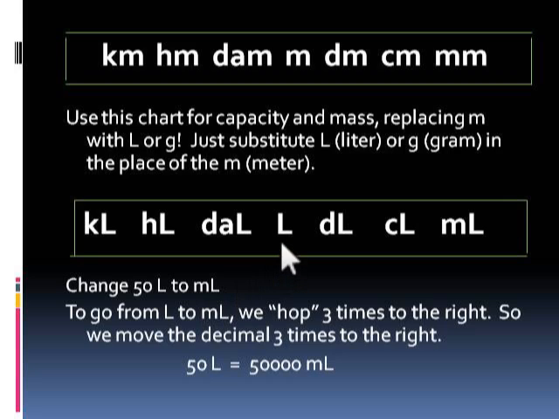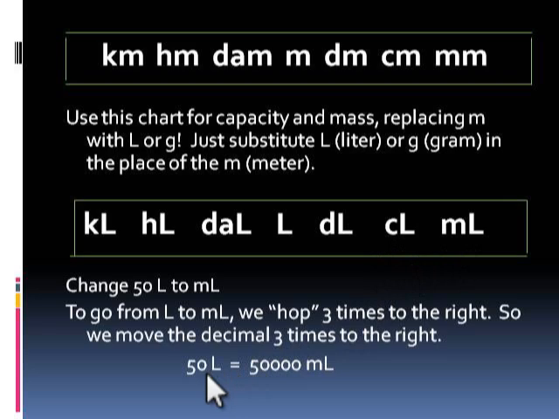So we're going from liter to milliliter. So we're moving to the right. So our decimal will hop to the right. How many times will it hop? 1, 2, 3. So it'll hop 3 to the right.